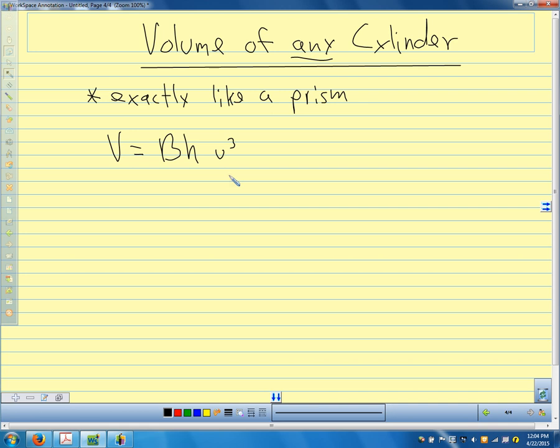But for a cylinder, what is the base? What's the base of a cylinder? A circle. So the area of the base is pi r squared, times h. Usually you'll see it this way: volume equals pi r squared h. r equals the radius of the base, and h equals the height.